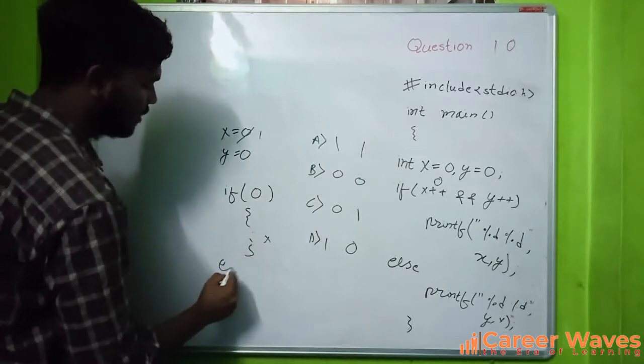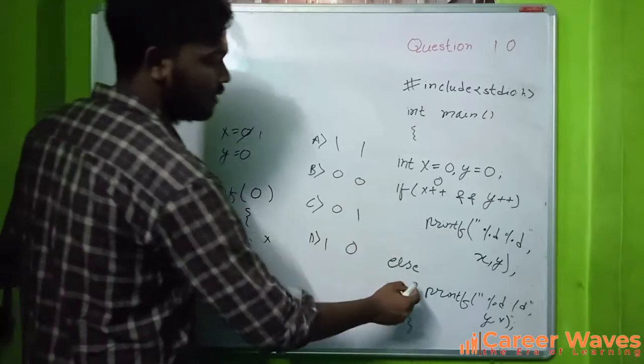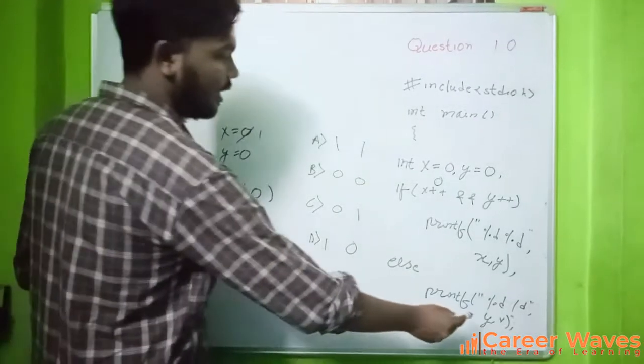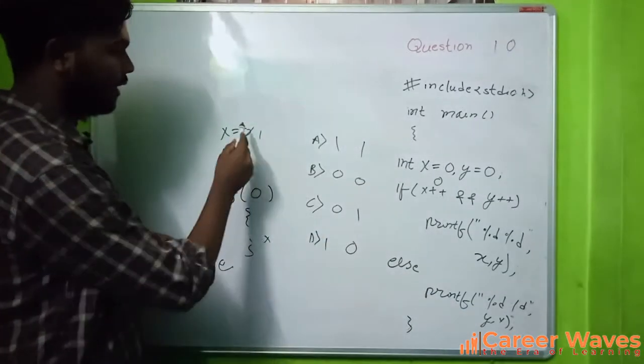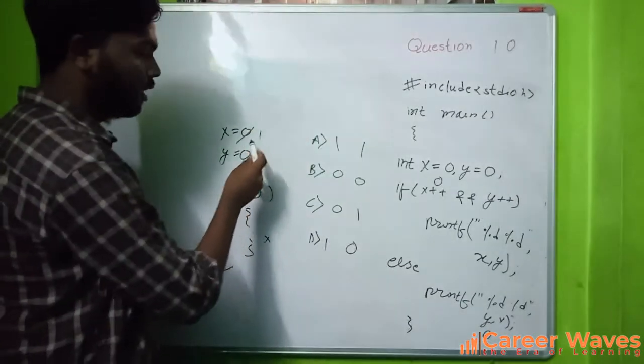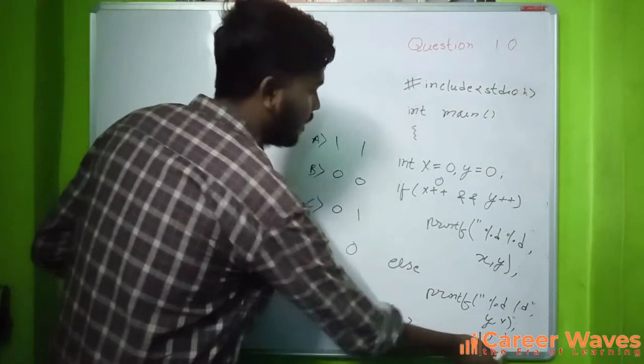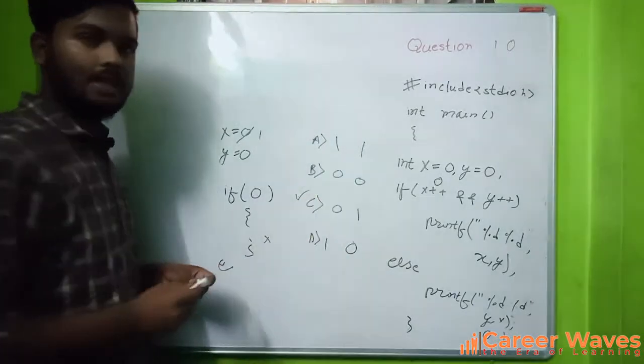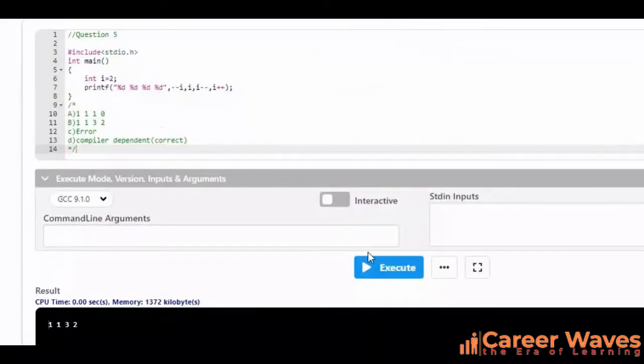So this condition will not be executed and the else part will be executed. Here the value of y is 0 and the value of x is 1, so y will be printed as 0 and x will be printed as 1, so option C will be the correct answer, 0 1.